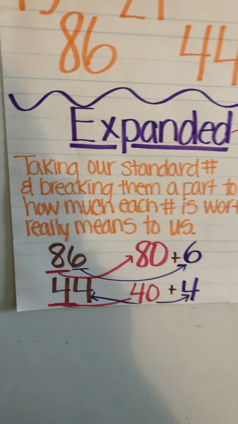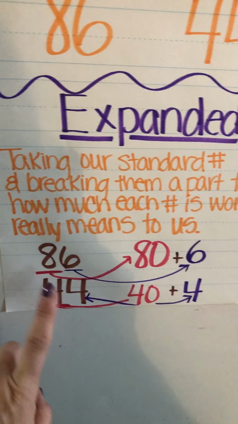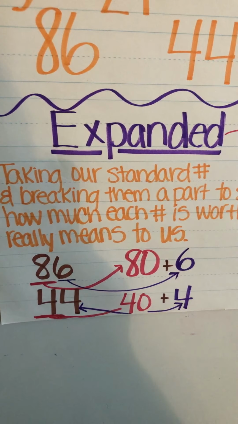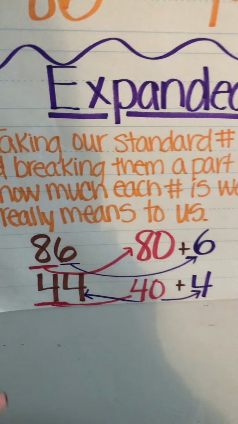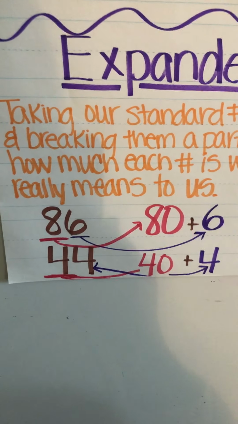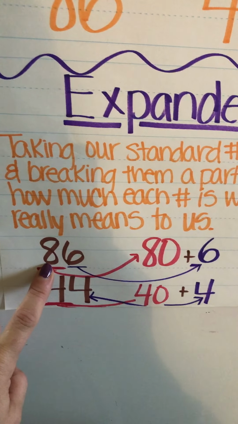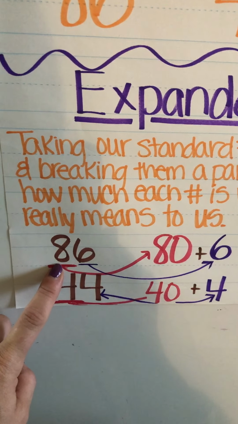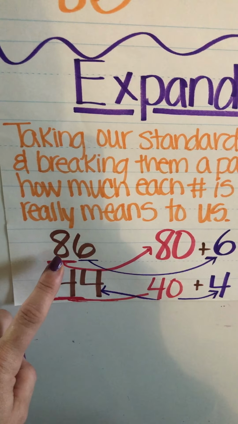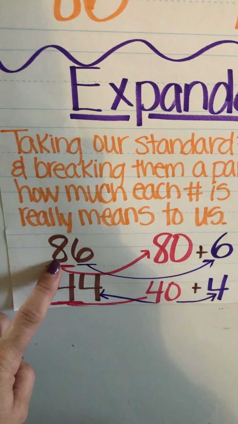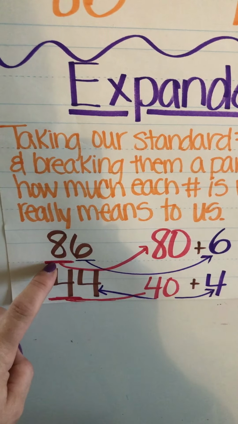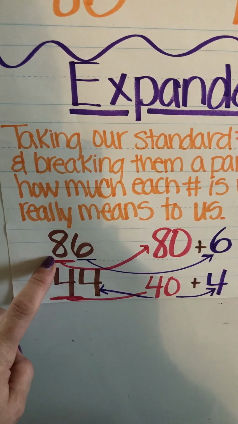So for an example, I took the number 86 and I tried to do it with multiple colors so you guys could see. All right, so when you say the number 86, what does that really mean? Well, let's look at our place value right here, which is the tens place. That 8 is right there. What does that 8 represent in the tens place?